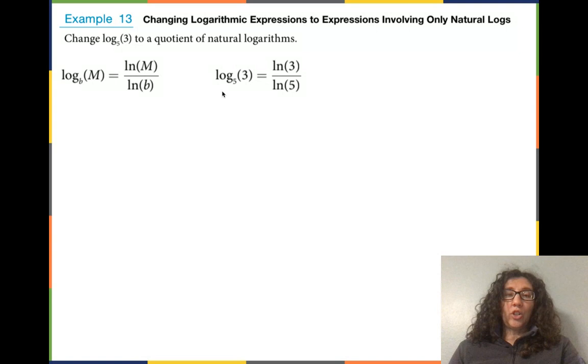So we just choose a new base, e, and we say log base 5 of 3 is equal to log base e of 3 divided by log base e of 5, or natural log of 3 divided by natural log of 5. And that we could just put in our calculator, right? I don't know what it is, but we could find that answer.